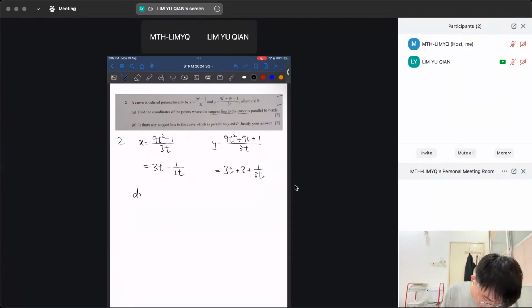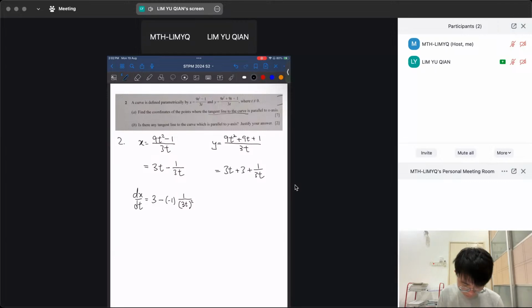So dx dt is equal to 3 minus, then negative 1, 1 over 3t square. Minus 1, then minus again. Check that out.